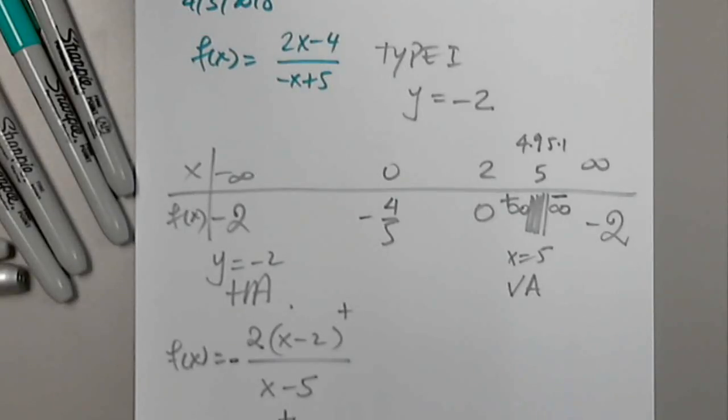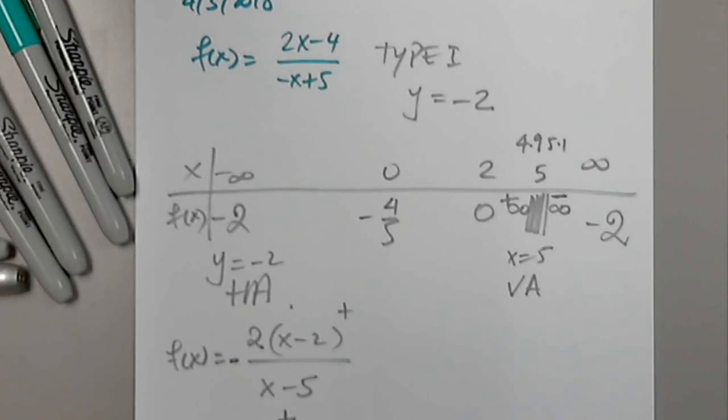From -4, it increases to -4/5. From -2 to -4/5. So what did I forget? So it's going up. No, that's fine. So from -2, it crosses the x-axis at 0, -0.8.